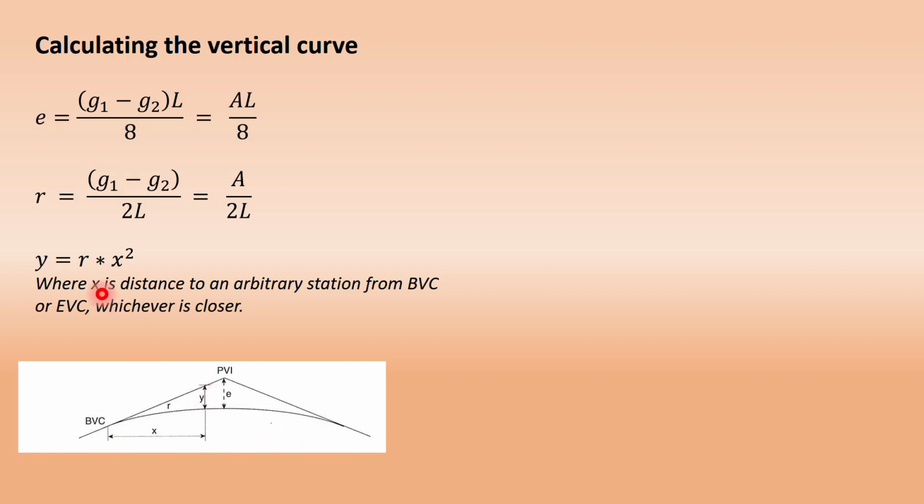And that vertical distance y is simply equal to the rate of change r times x squared, where x is that distance from the beginning or the end. And again, expressed in stationing, not feet, because up here when we computed r, we're going to use g1 and g2 expressed as percentages of slope.